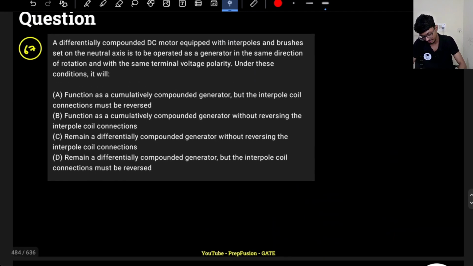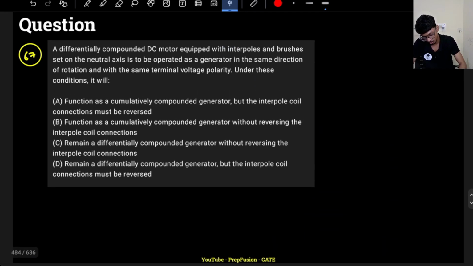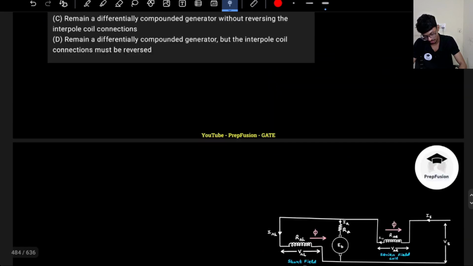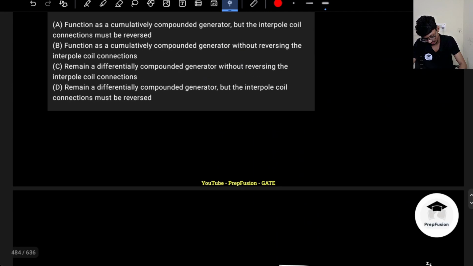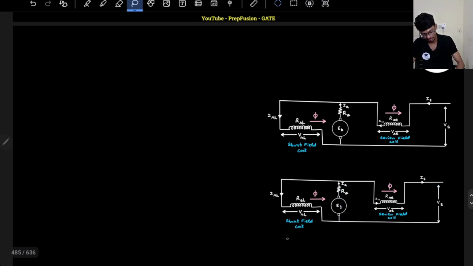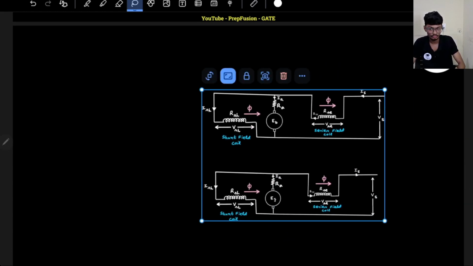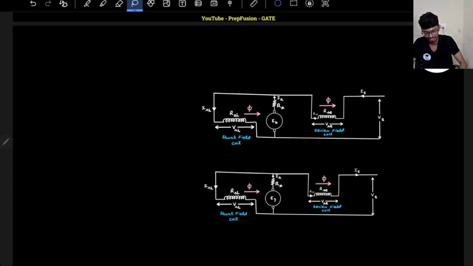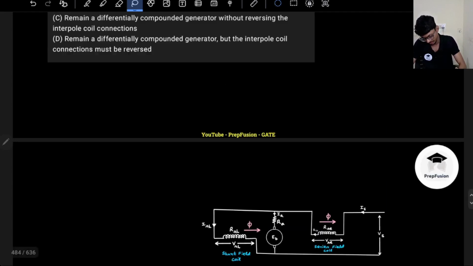It has interpoles and brushes at the neutral axis, so I can assume that armature reaction is non-existent.